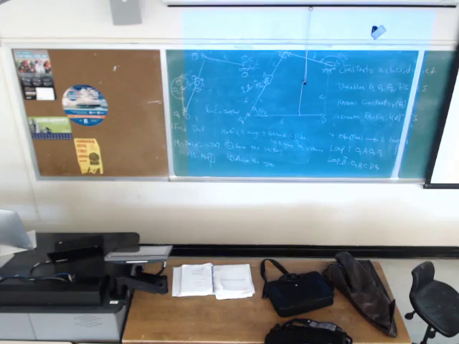So A squared cosine squared plus A squared sine squared is going to be A squared, plus F squared plus 2AF sine of theta 2.